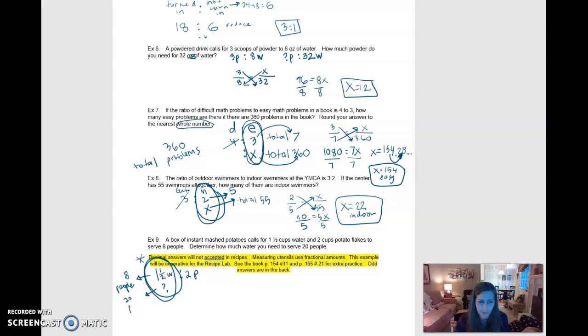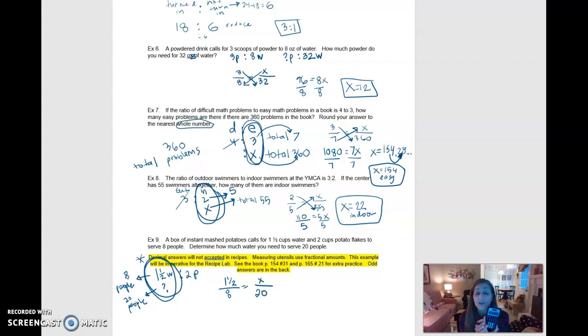Obviously, it's going to be more water because you're serving more people. But we're going to set up a proportion. 1 1/2 cups of water serves 8 people. How many cups of water would it take to serve 20 people?